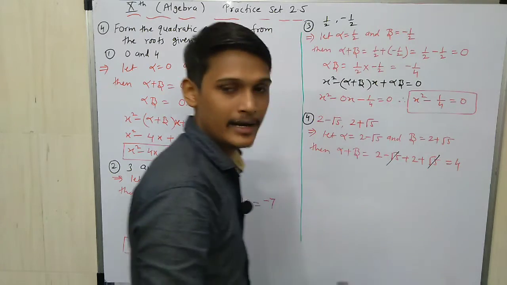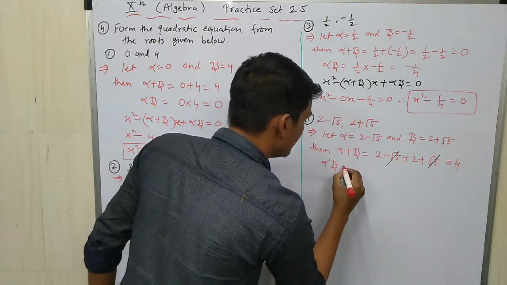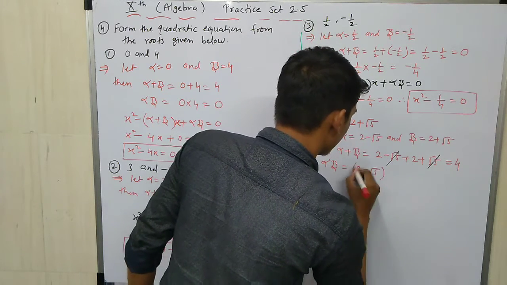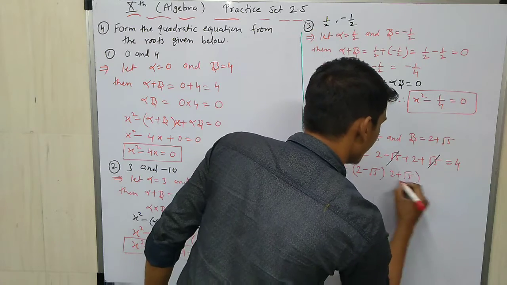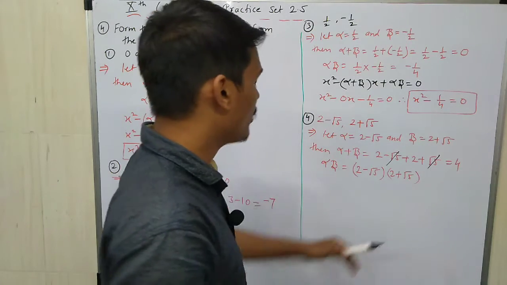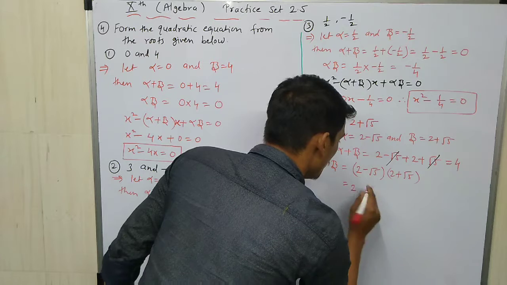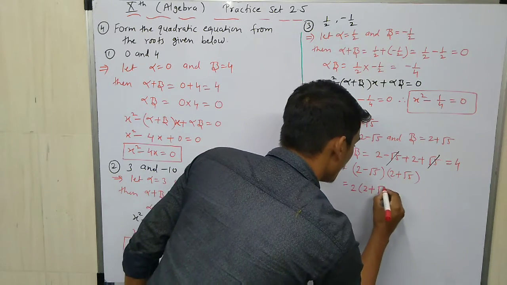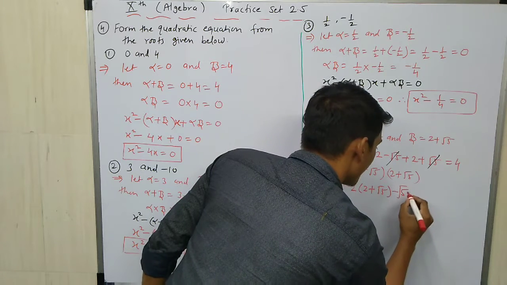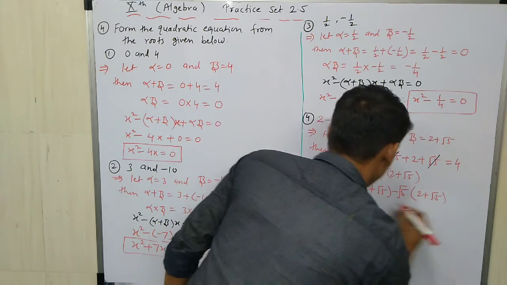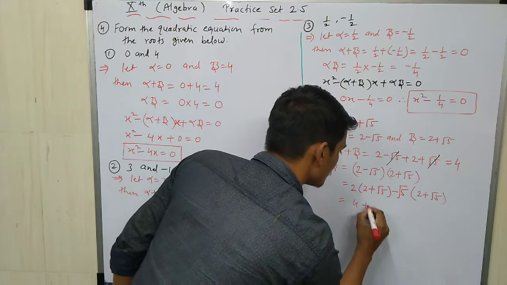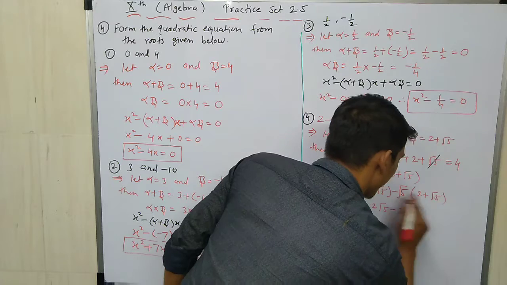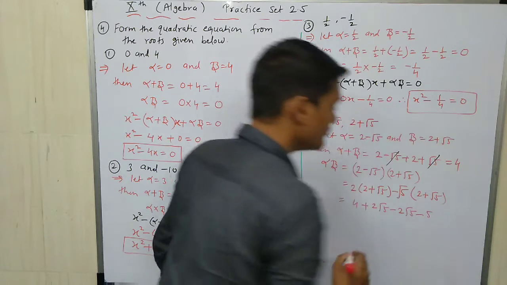4. Clear? Now second, alpha into beta is equal to 2 minus root 5 into 2 plus root 5. Understood? How to solve? First, 2 multiplied by this bracket, 2 into 2 plus root 5, minus root 5 into 2 plus root 5. 2 2s are 4 plus 2 root 5 minus 2 root 5 minus root 5 into root 5, which is 5.